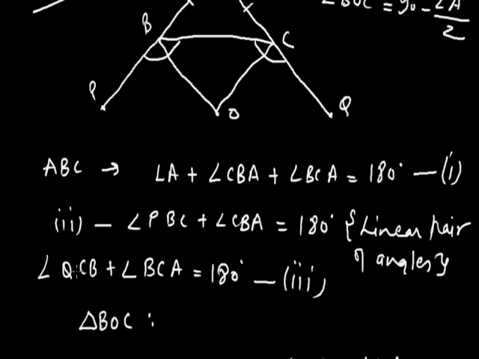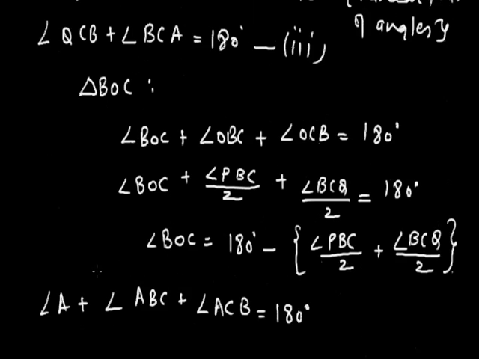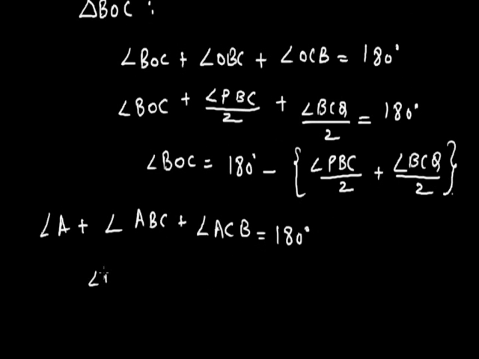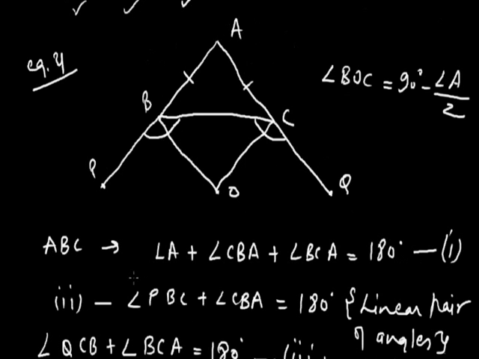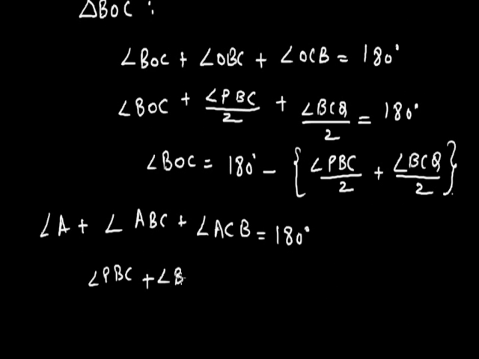That's why their sum is 180 degrees, which is equation number 2. So angle PBC plus angle ABC is equal to 180 degrees. This is my equation number 2. This is equation number 1.